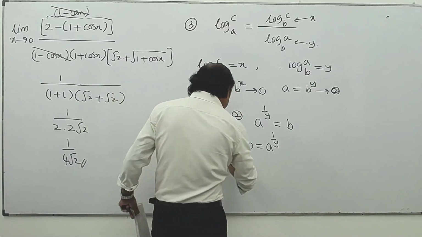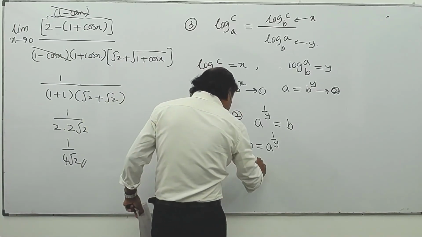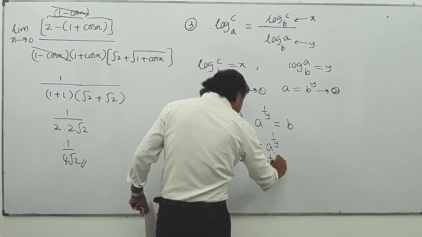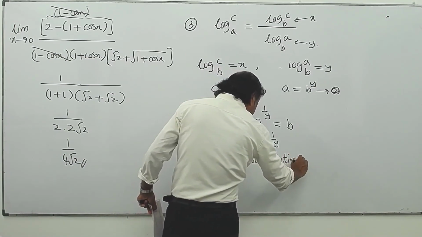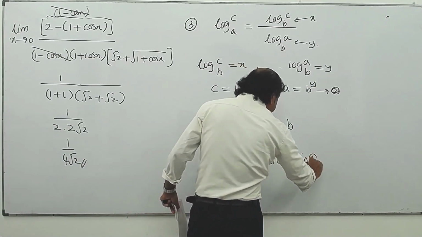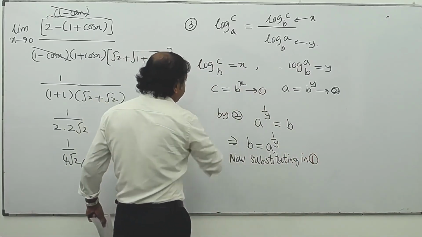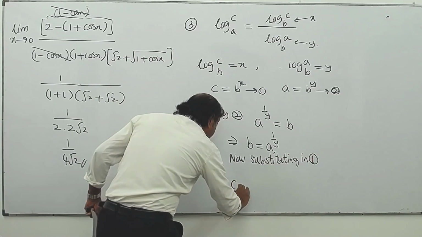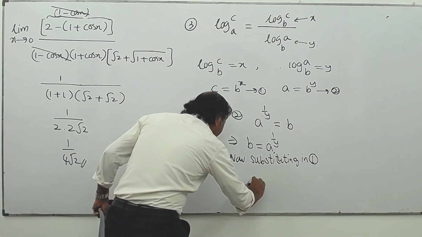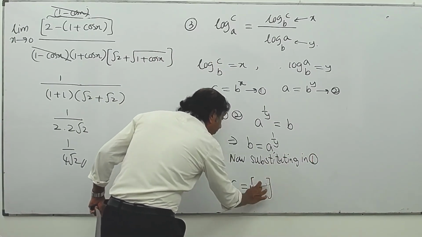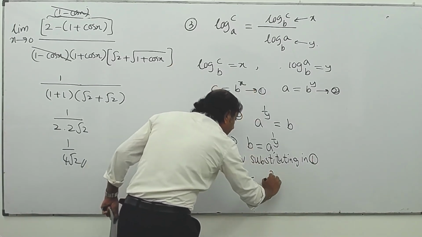Now substituting in 1. What do you get? We can write c equals, here within bracket I must write b to the power x.